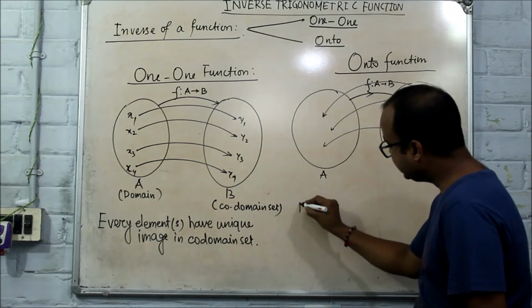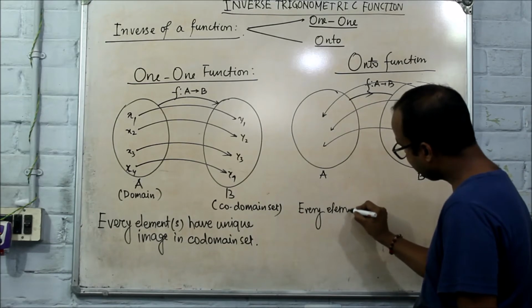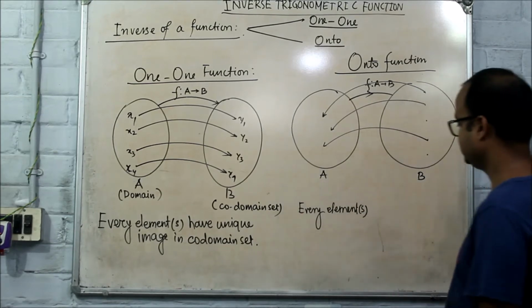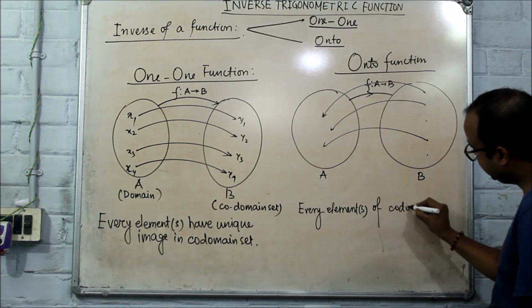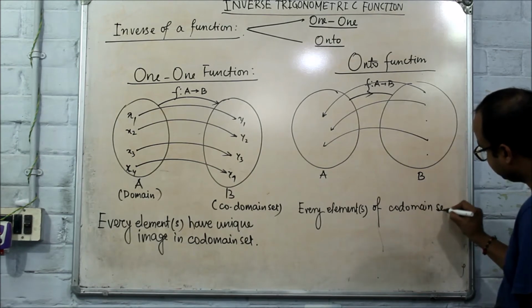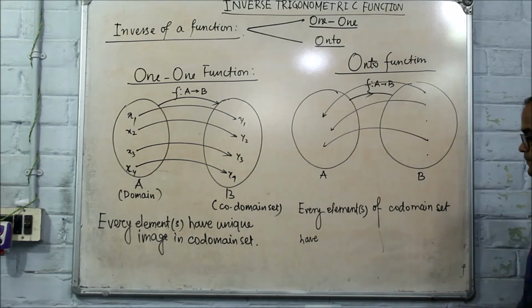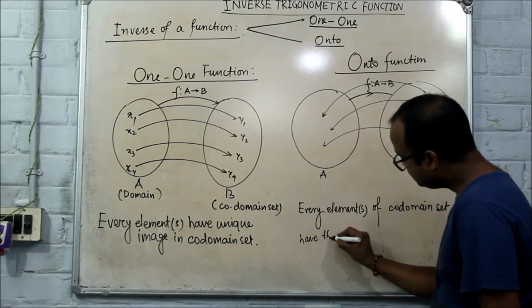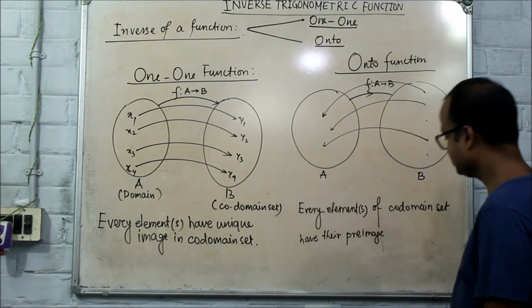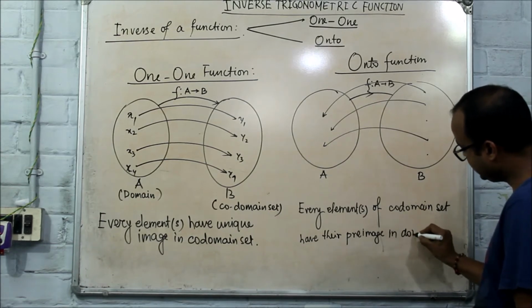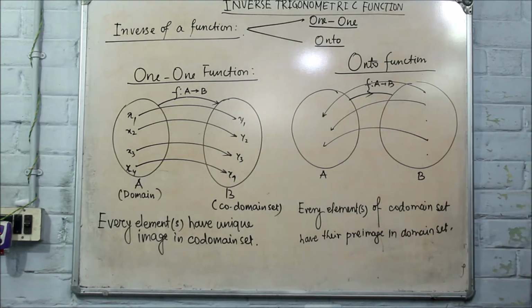So we write it as: every element of the codomain set has its pre-image in the domain set, then the function is said to be an onto function.